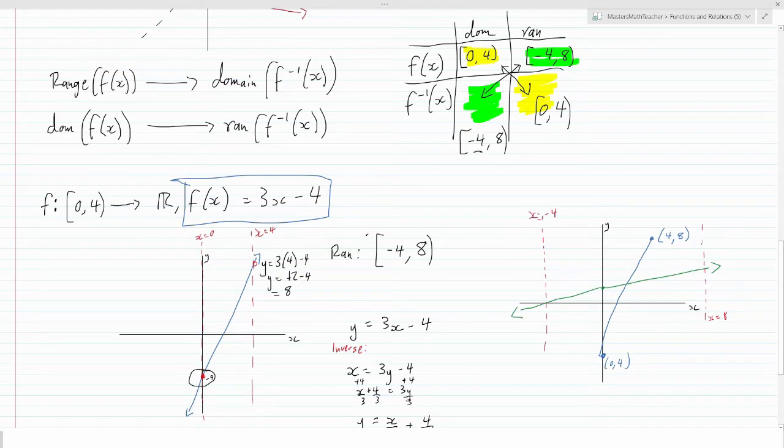The lowest value of our domain is -4. Our lowest value of our range is 0. Because it's a linear graph, this must occur at -4, 0. Again, with our range and our domain, comparing them, the top value is 8 for our x and 4 for our y. So this point here must be 8, 4.